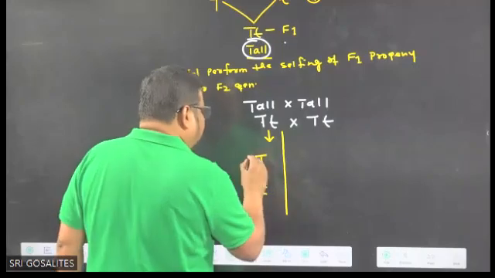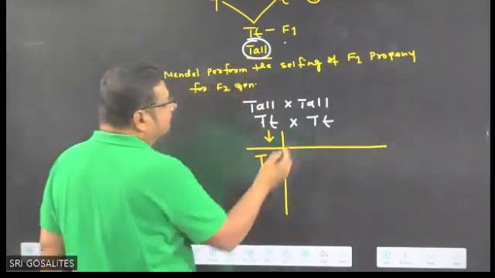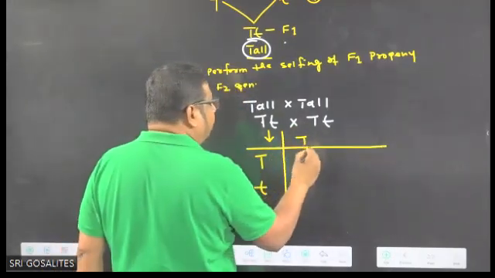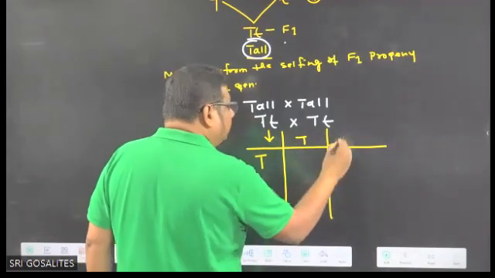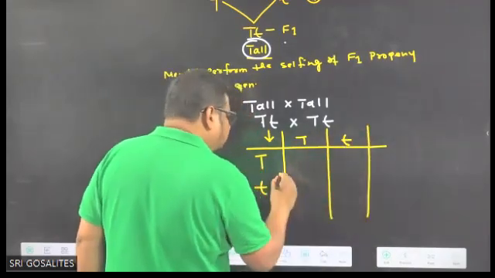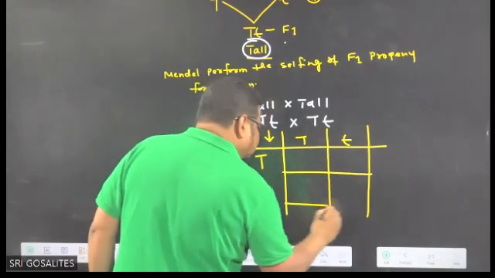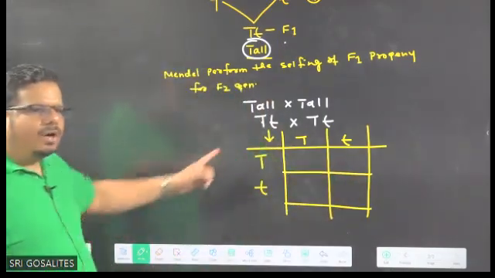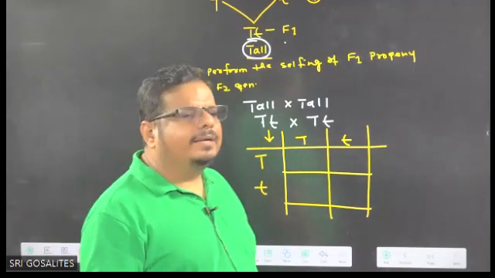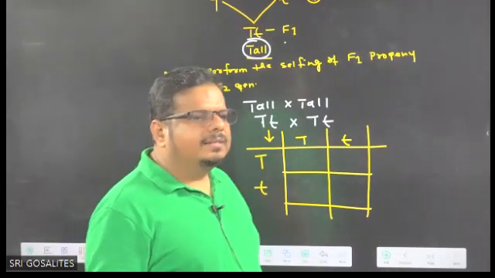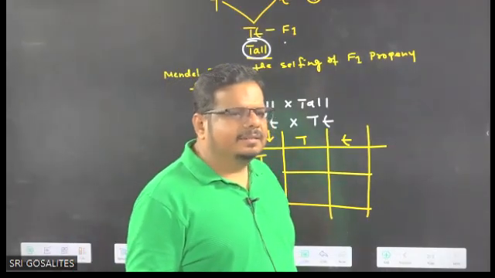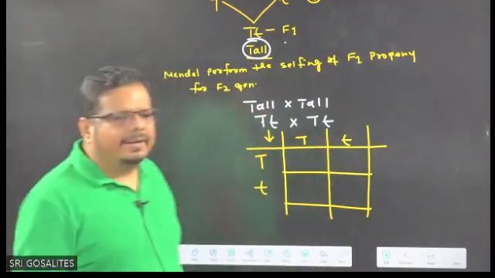And on the other side, here it is capital T and here it is which one? A small t. These boxes I made here are called a Punnett square, developed by R. C. Punnett, a British scientist. Getting the things or not? Right?